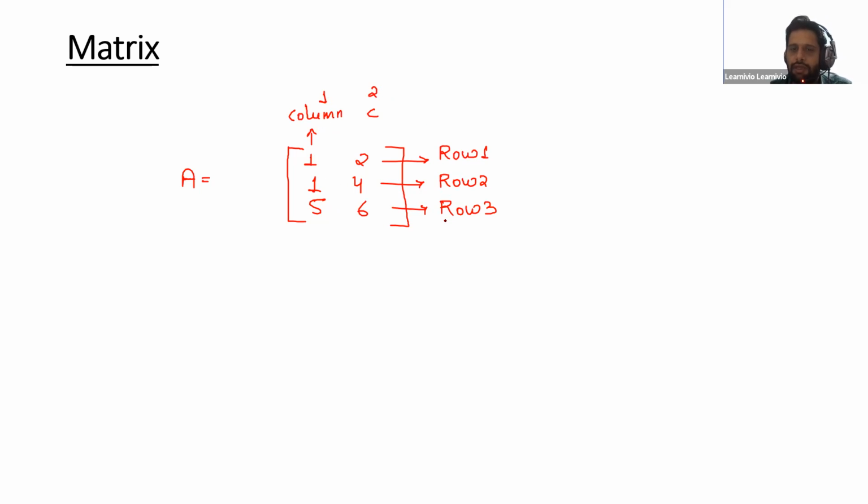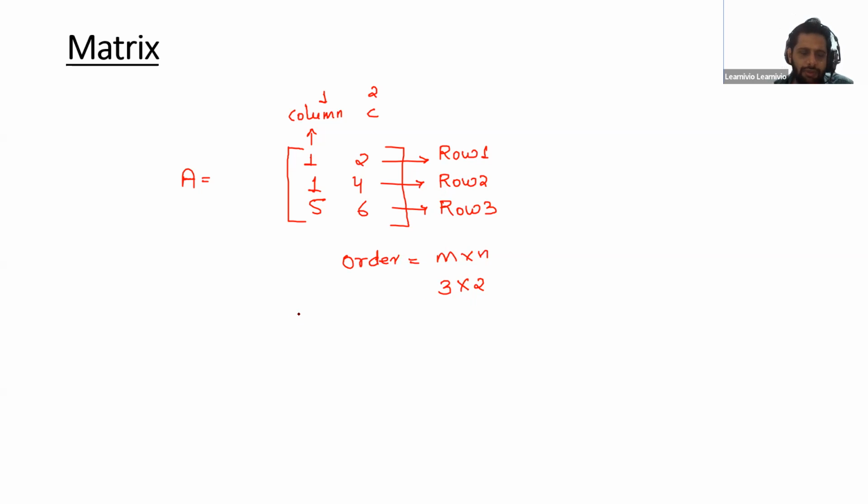So in this matrix, we have 3 rows and 2 columns. The order is represented by m by n, where m represents the number of rows and n represents the number of columns. So in this case, our rows are 3 and columns are 2, so the order of the matrix will be 3 by 2.